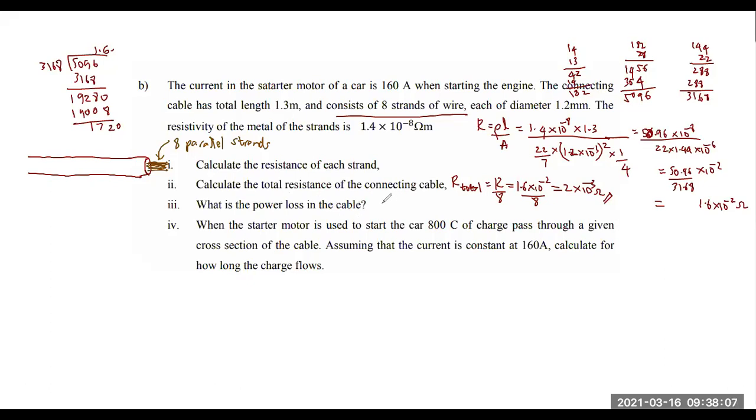What is the power loss in the cable? Now you can use this equation, right? Power is equal to I squared R. Well, I is given to you, 160 squared. So 160 into 160 multiplied by the resistance, that is 2 into 10 to the power minus 3. Wait, I'll write the answer here.